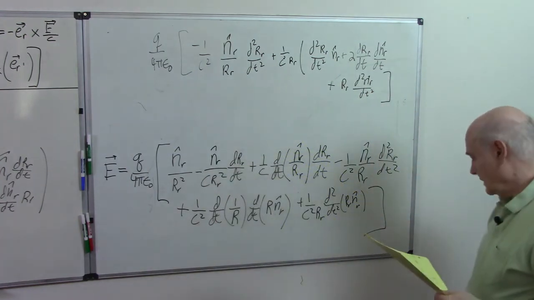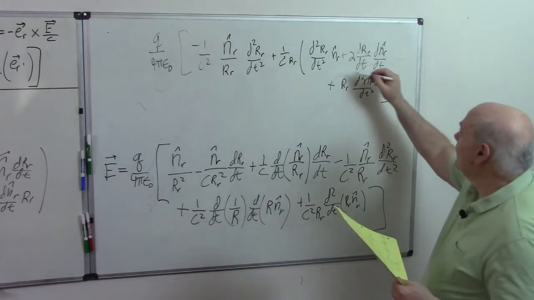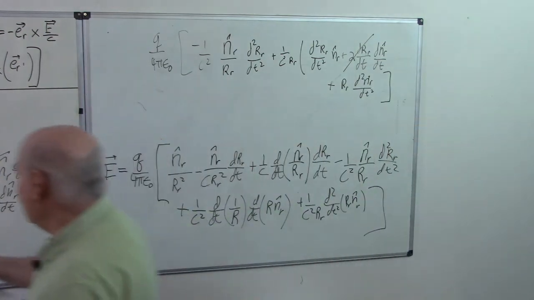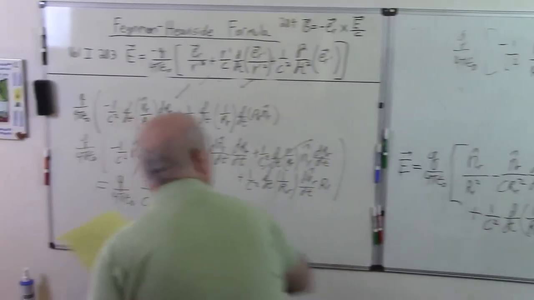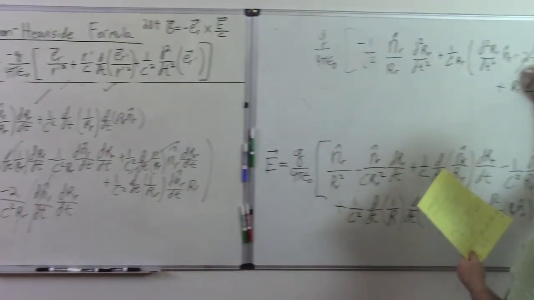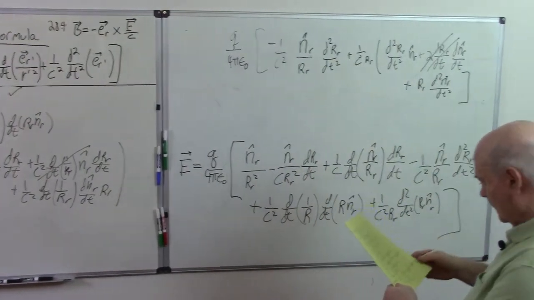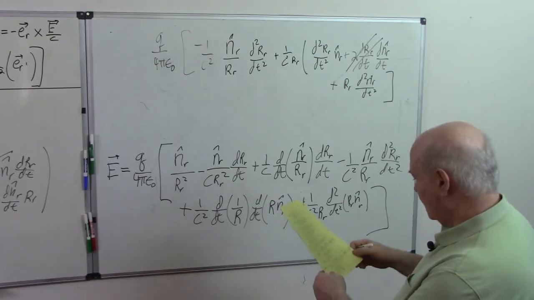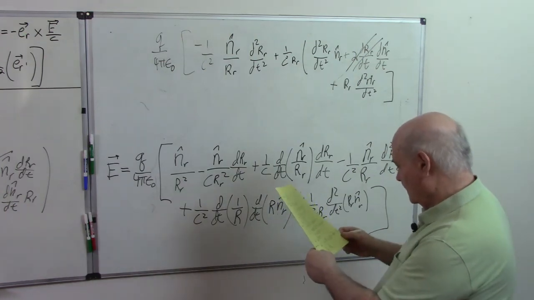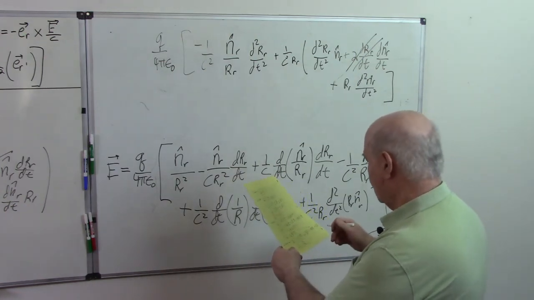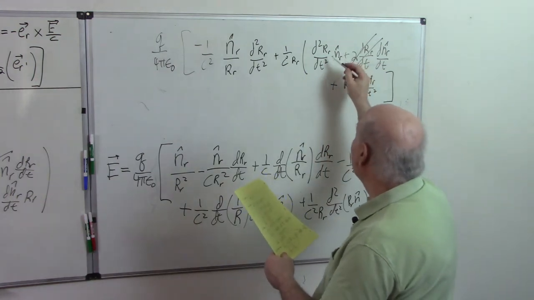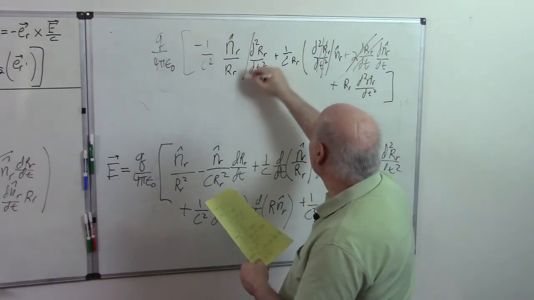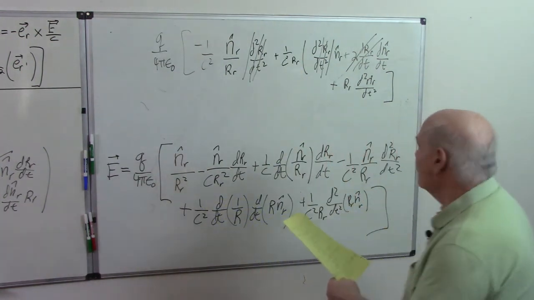Okay. Now, before we do anything, this term over here exactly cancels what we had over here. And this term over here, put with three things, cancels this term over here.